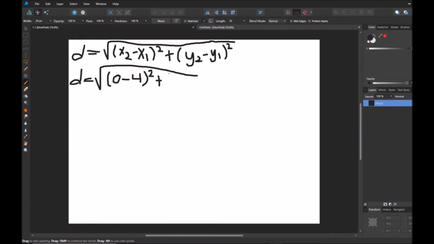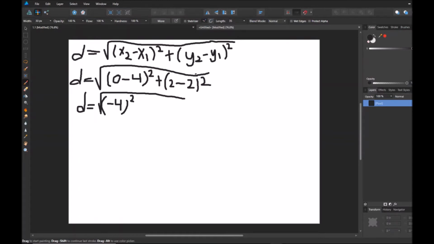And then our y2 would be 2, and our y1 would also be 2. So 0 minus 4 will give us negative 4, and all that's squared.